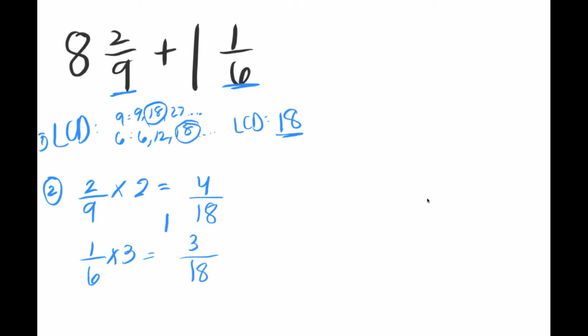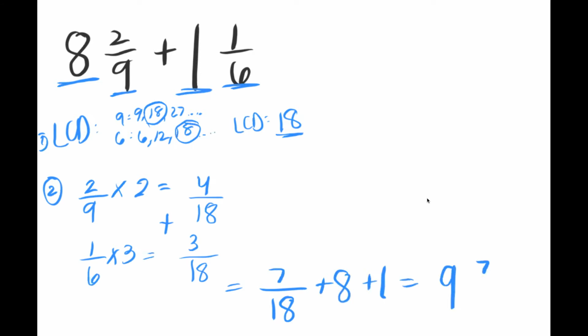So here are our new fractions, and we can add the numerators. 4 plus 3 equals 7, all over 18. Remember, your fraction part does not change. The denominator part does not change, so it stays the same. Then go back to the original problem, add in your whole numbers, 8 plus 1, and then you get 9 and 7/18. Again, it's simplified already, so we don't need to worry about that.